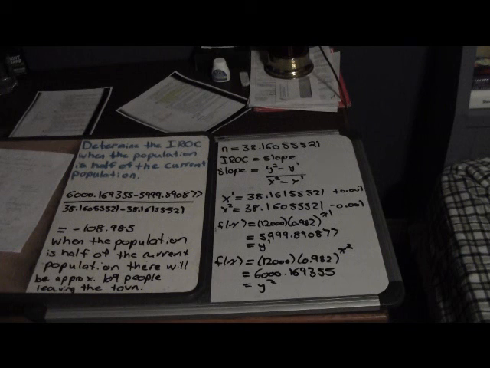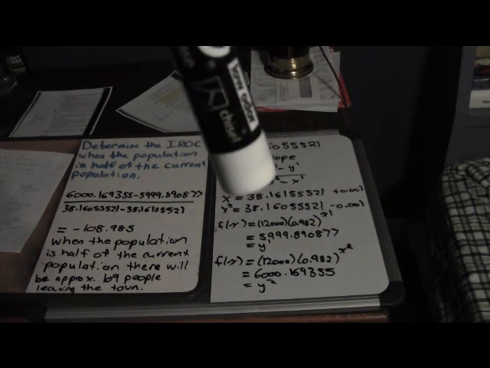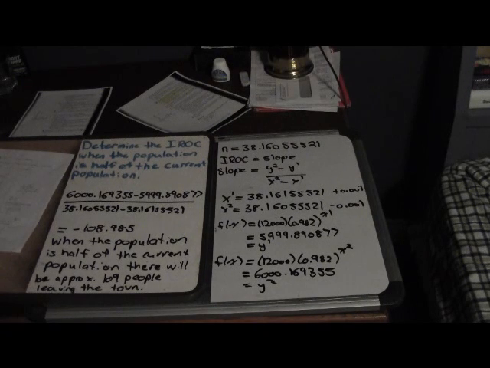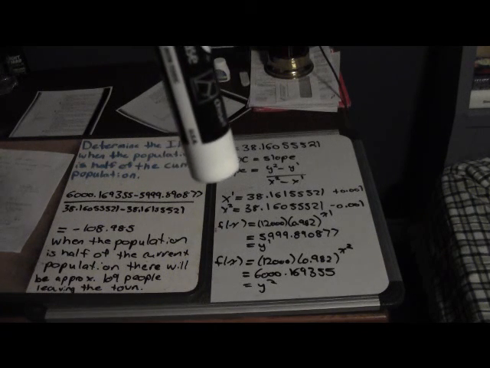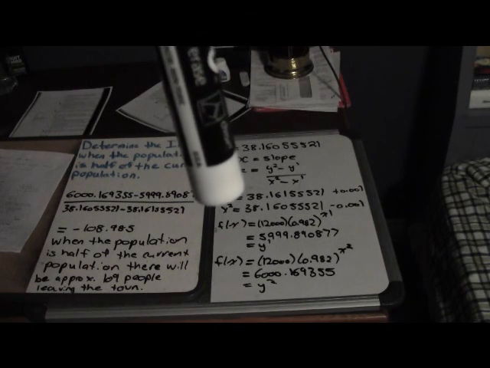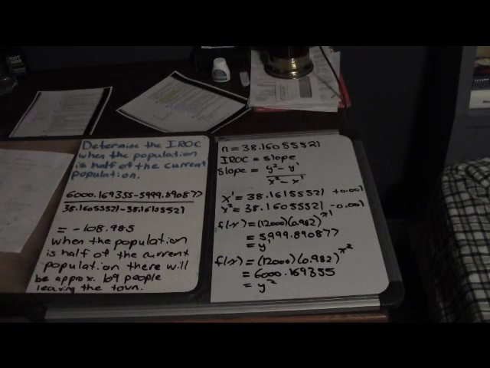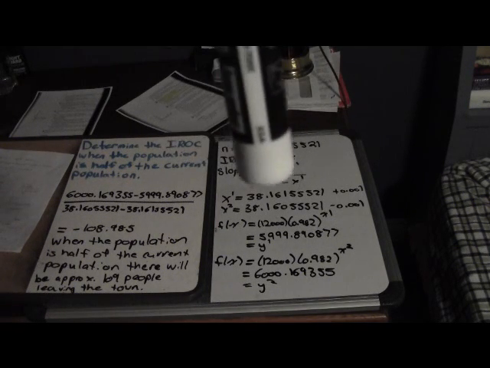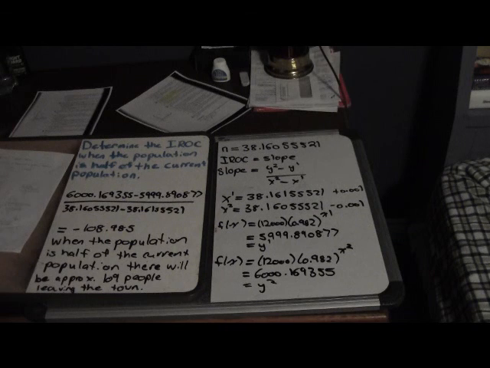So you take your original equation, which is f of x is equal to 12,000 times 0.982 to the x, and instead of doing to the n, because we know our n value, we use our new values here, x1 and x2, and we plug those in. Now because these numbers are too long, I simply plugged in x1 to the top equation there.